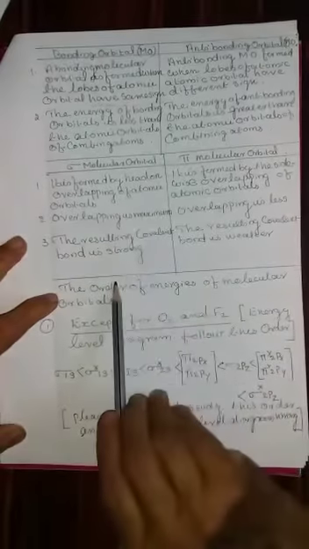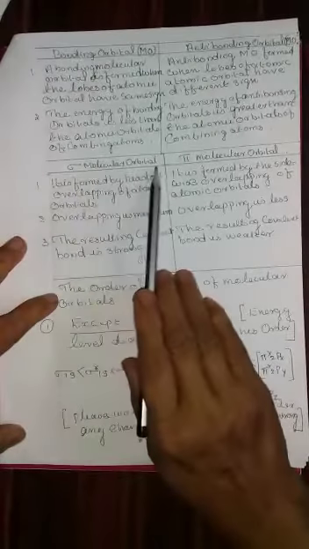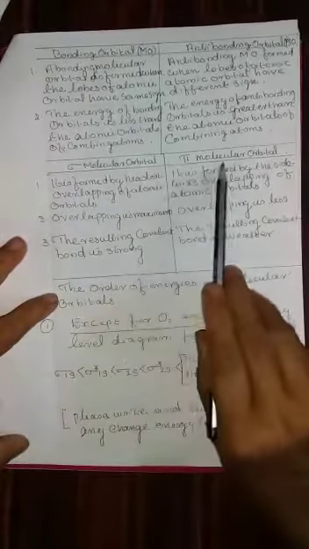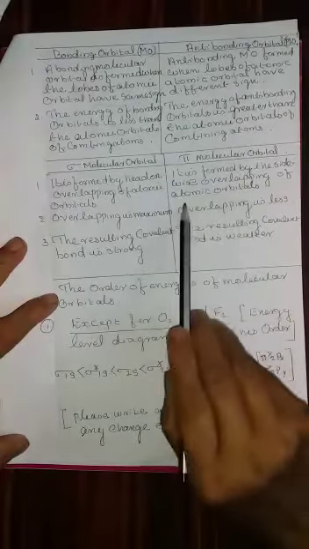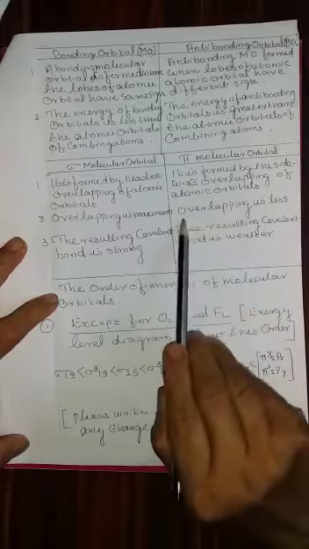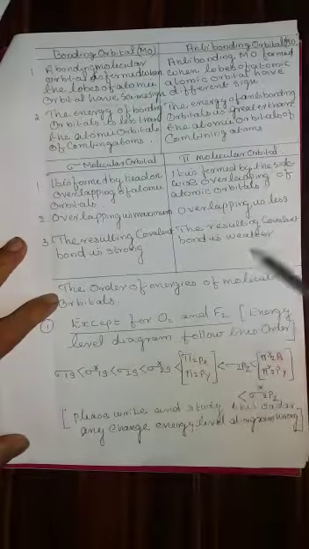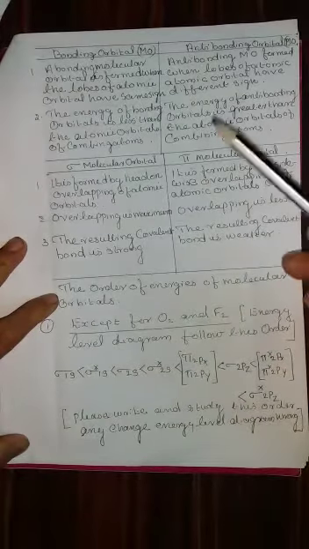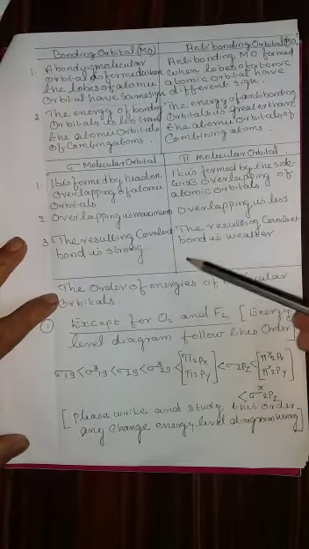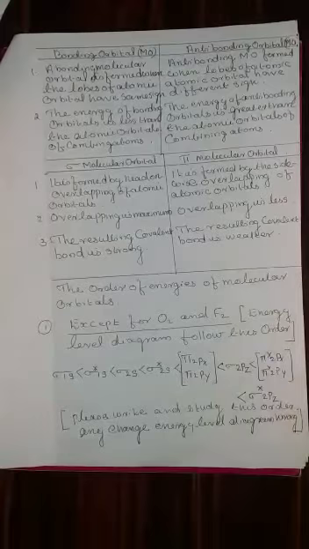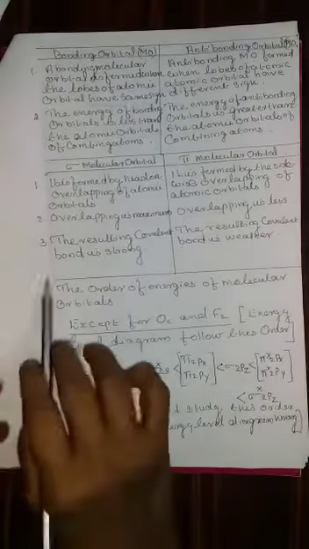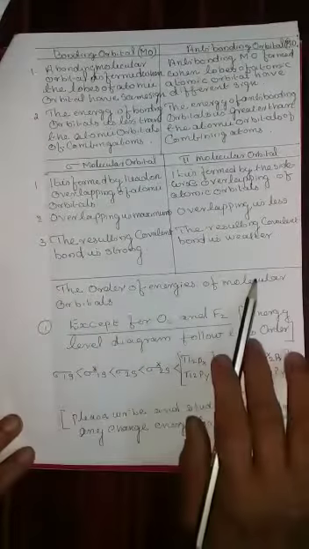These are the 3 characteristics of sigma molecular orbital. A pi molecular orbital is formed by the sidewise overlapping of the atomic orbitals. The overlapping is very small because it is sidewise, not complete overlapping. The resulting covalent bond is very weak. These are the differences between pi and sigma.